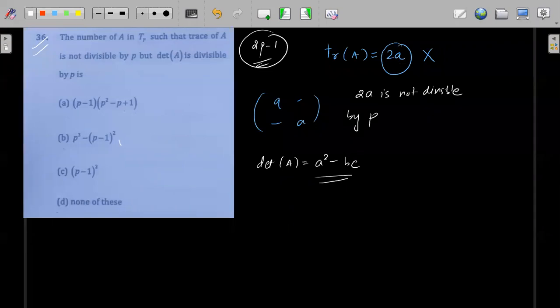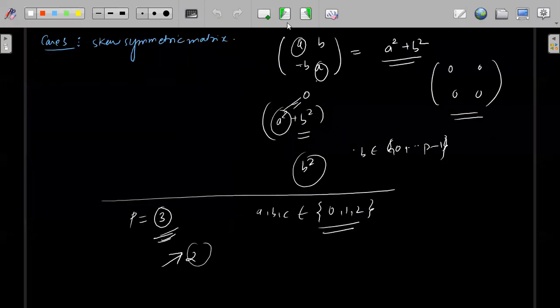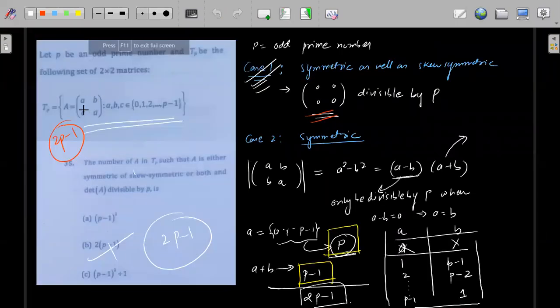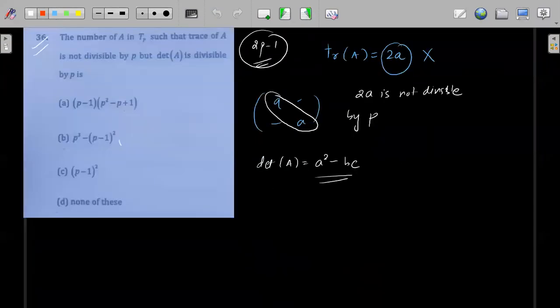No, trace of A is nothing but the sum of the principal diagonal elements, and they have given the matrix as this kind. So it will be just the sum of these elements. So trace will directly become 2A, right? This is from the question only that I'm taking it. Right, Vishnu? Okay. Fine.